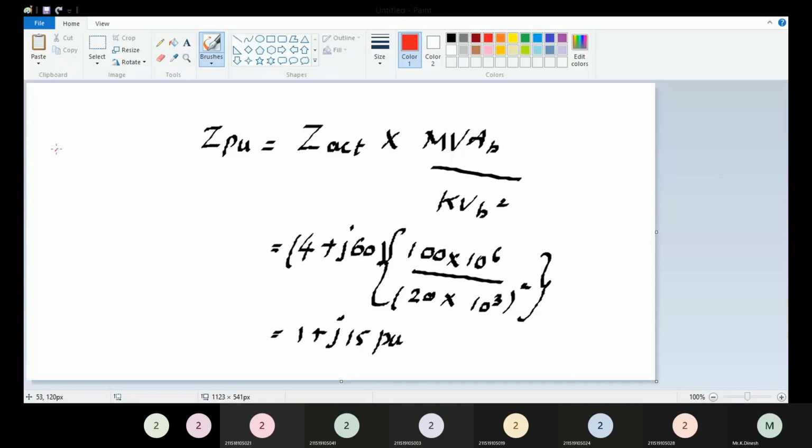The first part, the per unit impedance, we determined. The next one is the per unit admittance, which we have to find.